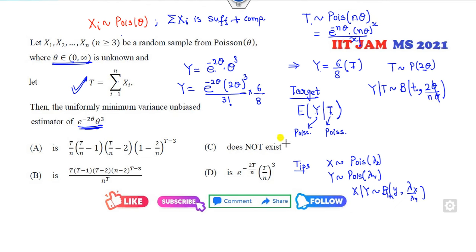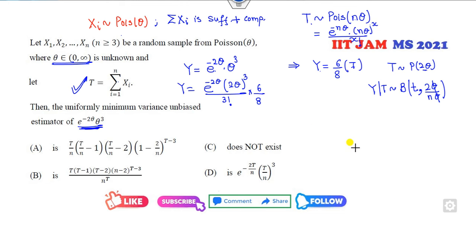So now let me clear this screen so that you can get your answers right now. So it means y over t will follow my binomial distribution with the parameter t comma 2 over n. Now that's over. Fine. So this is my capital T, because my target is capital T. What is the value of n? It is my 2.